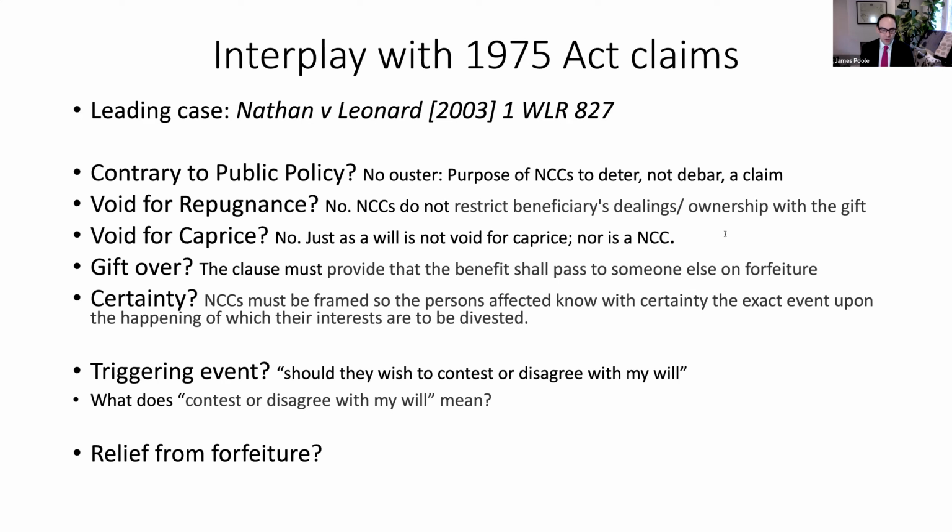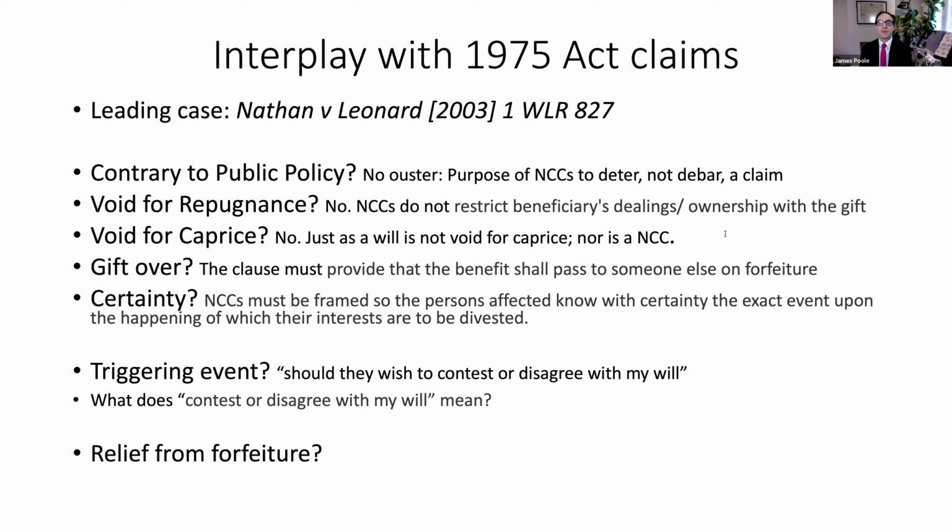In order to make no contest clauses effective to put off those kinds of claims, what I think you need to do beforehand is ensure that the provision is at least semi-reasonable. It's not an easy job, but if you're advising a testator or testatrix, it requires thinking about what their estate is, who might potentially bring a claim against their estate under the 75 Act, and what they might get on such a claim, or what the range of outcomes might be, and then making provision that's somewhere within that range, perhaps right at the bottom end of it.